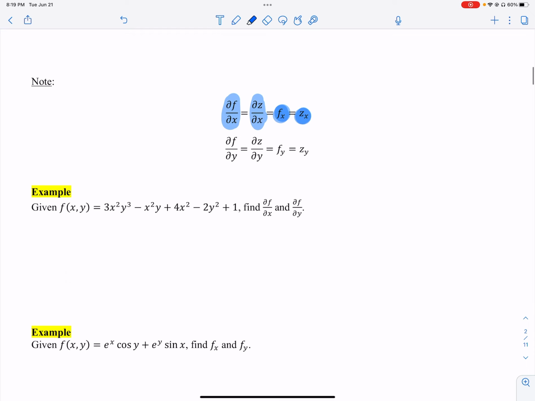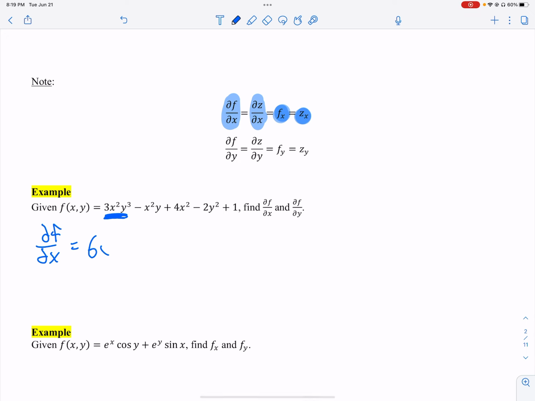All right, let's get some practice. This is going to feel weird until you get used to it. So the partial of f with respect to x. I treat y like it's a number. You can pick any number you want, plug it in if you want. Go through and plug in 1 for the y's or something like that, and that'll help you. So looking here, I'm taking the derivative with respect to x, and I treat the y like a constant.